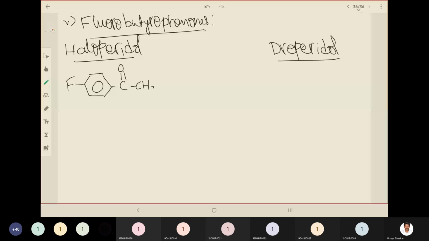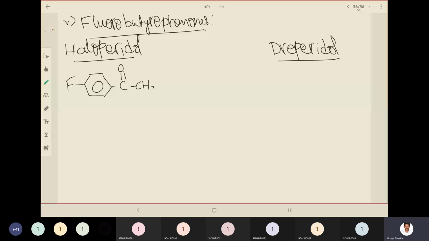To the piperidine ring, you have OH and a phenyl chloride ring. So a piperidine with alcohol, piperidinol.